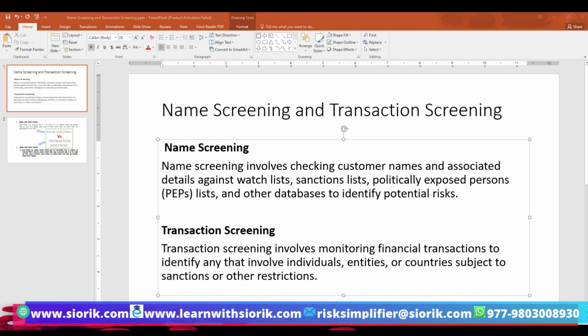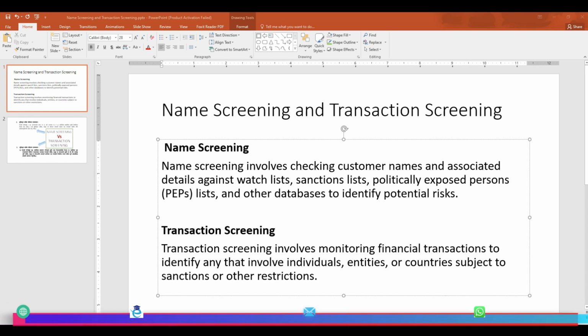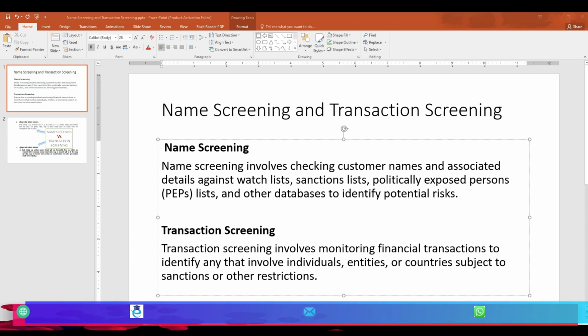to perform name screening. Now, transaction screening is a whole new beast. Transaction screening involves monitoring financial transactions to identify any that involve individuals or entities that are subject to sanctions or other restrictions. So the screening is done in real time during transaction processing, for example while sending money or making an international wire transfer.